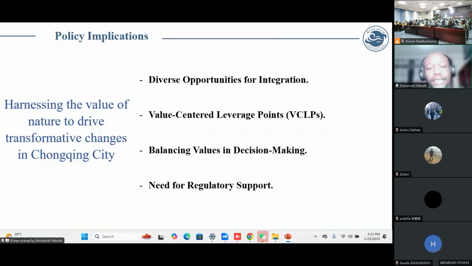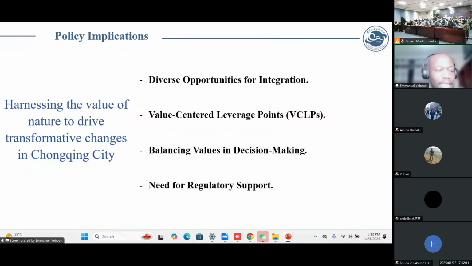So we proposed that we are going to use five value-centered leverage points, which aim to promote sustainable development for the future by proposing various ways of mitigating UHI, both in the long term and short term. This basically involves balancing values in decision making.